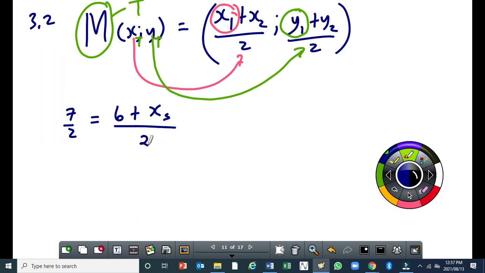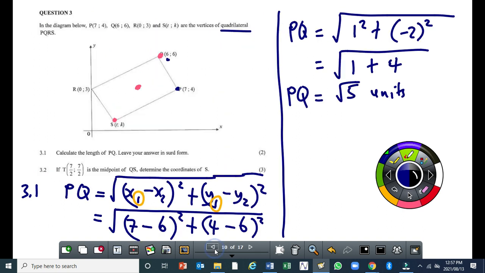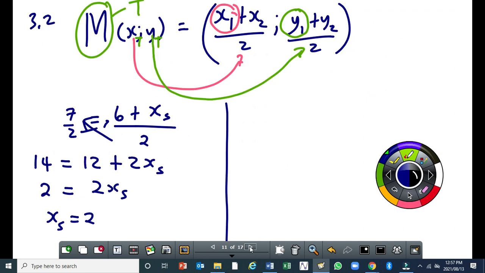Then you cross multiply, you get 14 equal to 12 plus 2xs. Then you take the 12 to the left, you get 2 equal to 2xs. Divide both sides by 2, you get xs as 2. That's the value of x here. It's going to be a positive 2.